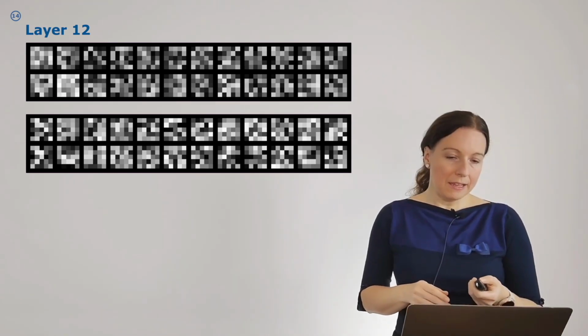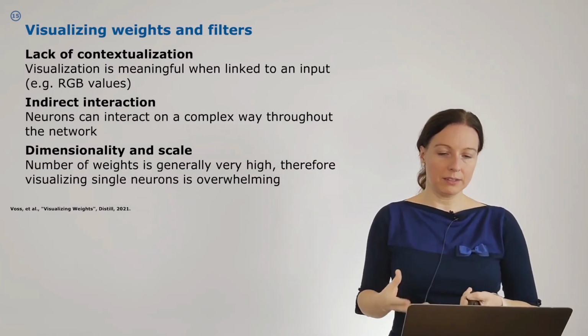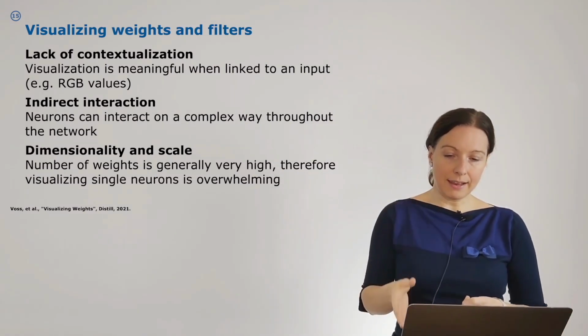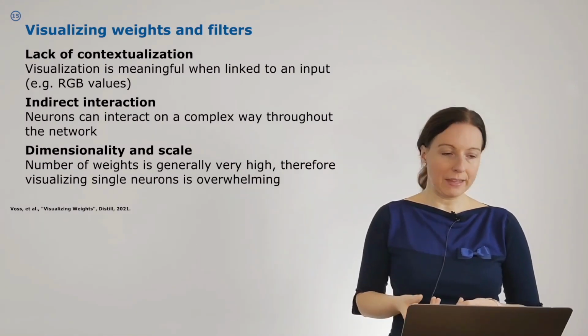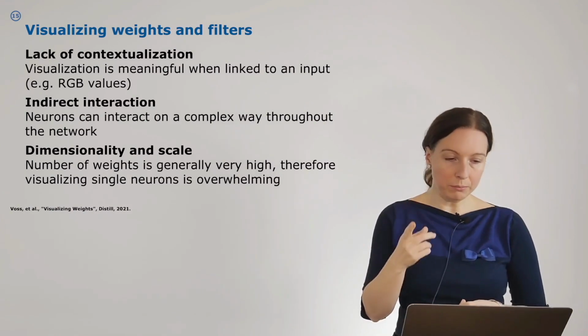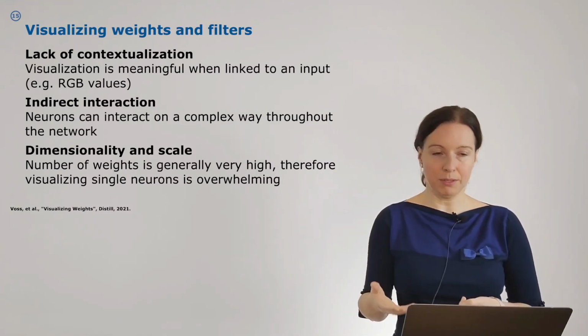Now you might ask, why is it so difficult to get something out of it? First of all, there is a lack of contextualization. That means the visualization is only meaningful when linked to an input, such as RGB values.